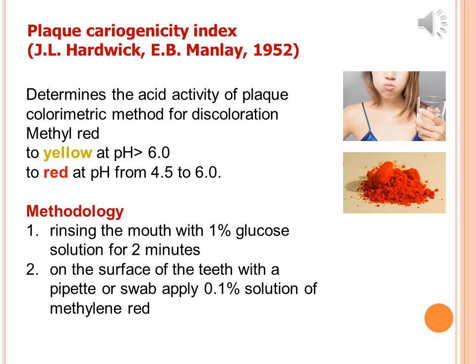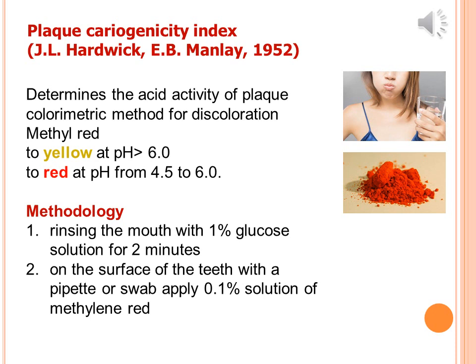Most of the risk factors, one way or another, lead to an increase in dental plaque and, accordingly, microorganisms in the mouth. An index can be used to detect the cariogenicity of dental plaque, I mean the plaque cariogenic index.